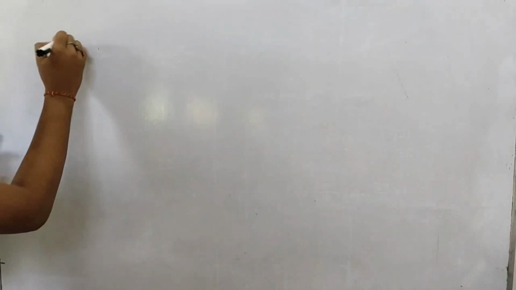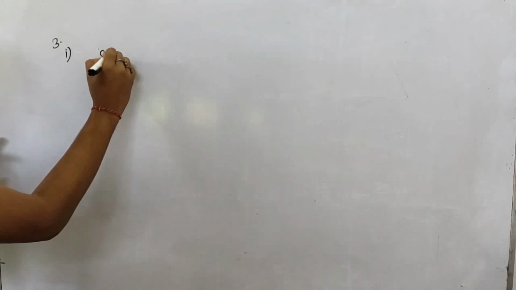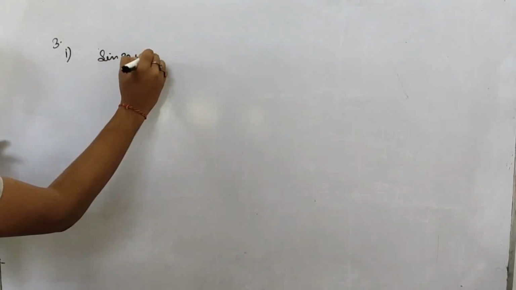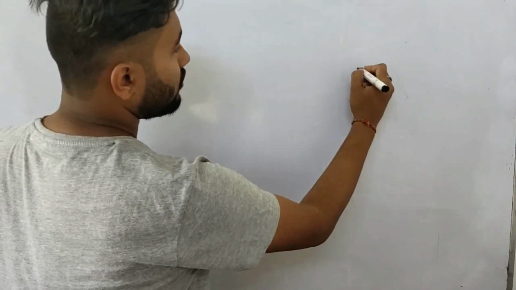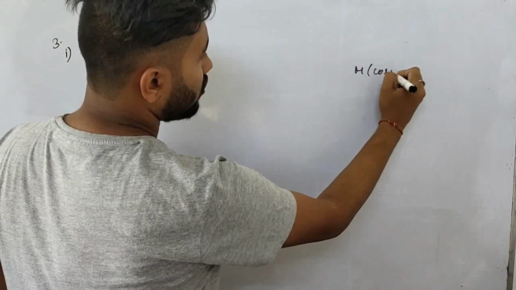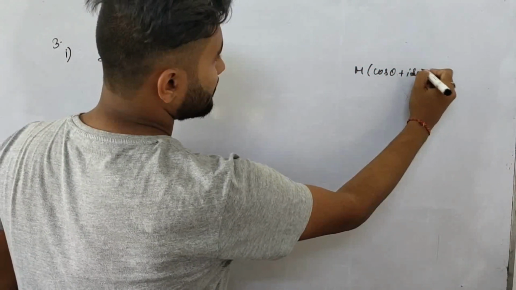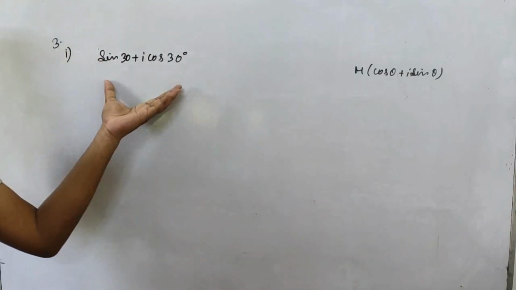Okay. Number 1: sin 30 degree plus i cos 30 degree. So what is the polar form? The polar form is R(cos theta plus i sin theta). Is it exactly the same?